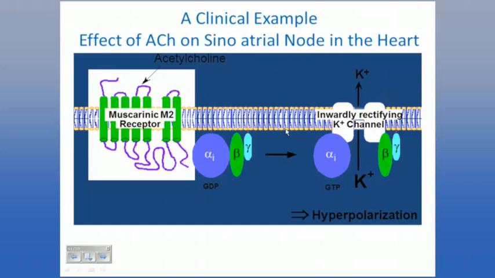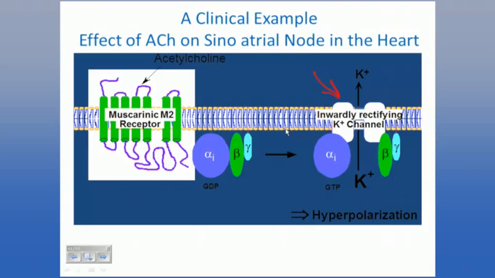Acetylcholine coexists with adrenaline and noradrenaline in regulating heart rate. So here, acetylcholine binding to the muscarinic receptor is linked to an ion channel which regulates the transport of potassium.